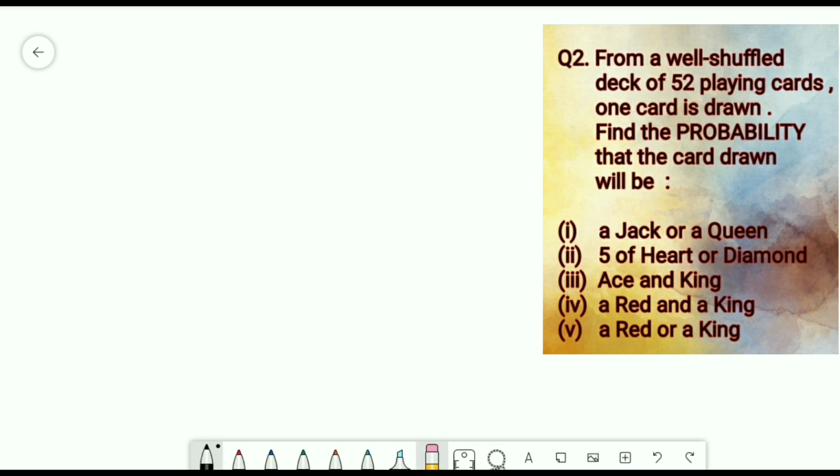Okay, now another question. Question number 2, fourth part. Fourth part is a red and a king. That means we are looking for a card which is both red and king.